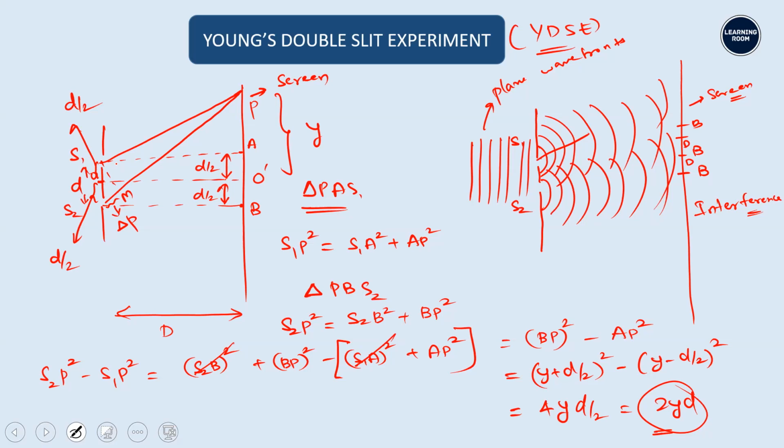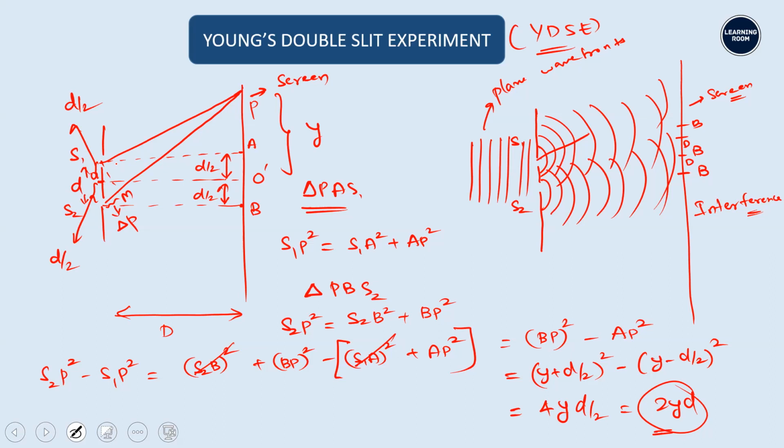Lambda is the wavelength of light, which is generally in terms of a few nanometers or angstroms. Since this delta P is going to be a very small quantity, what we can assume is that S1P and S2P are approximately equal to D.